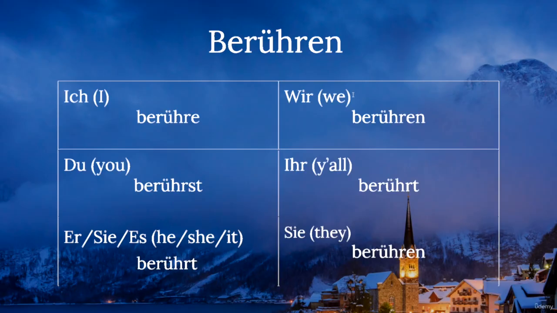And sie berühren. With this verb, you have to keep two things in mind. First of all, the H is silent. Berühren. The second thing is that the verb is completely normal.